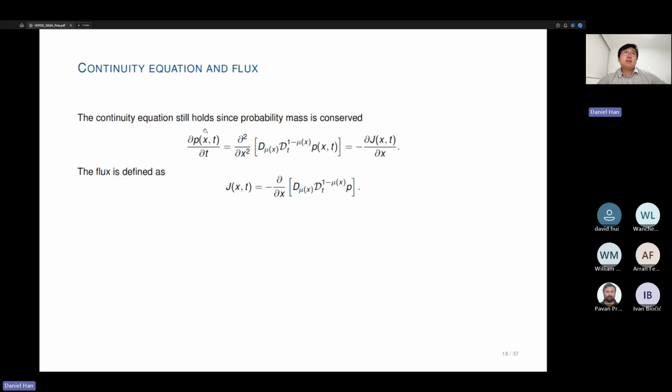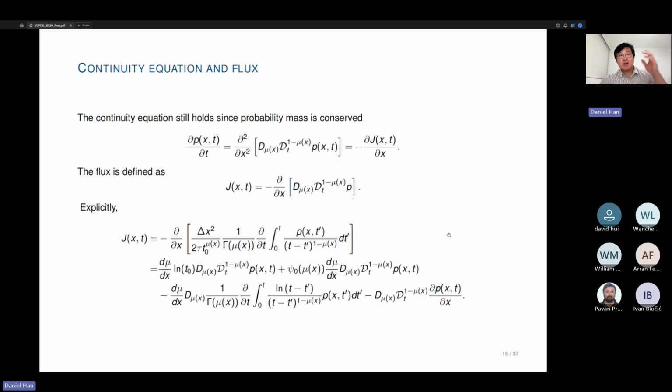You start from the continuity equation and define the flux as the first derivative in space of the diffusion coefficient times the Riemann-Liouville fractional derivative of the probability density.